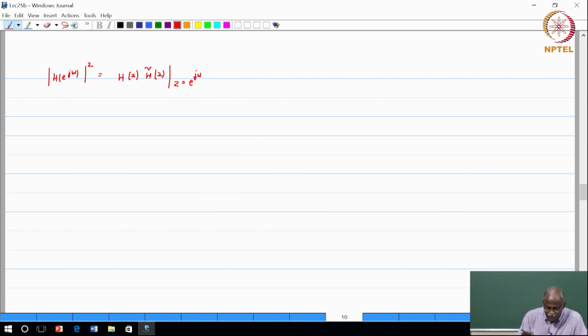Now, this also tells us that whenever I take some function of the form B of z divided by z to the power minus n B tilde of z, this is going to be all pass, because on the unit circle they are conjugates of each other, and therefore, the magnitude will be equal to 1.